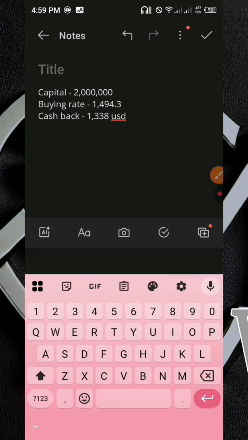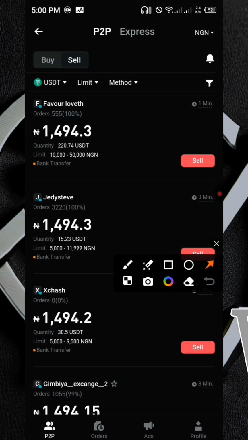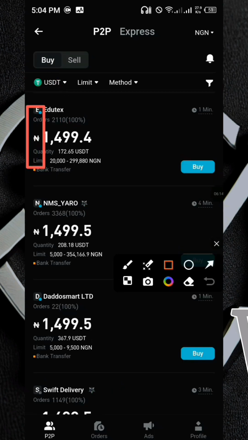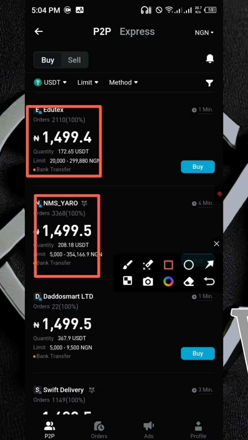I'll be showing you guys where you can sell your USDT at a very profitable rate. So guys, over here at the buy section, I want you guys to be coming back to the buy section. As you can see, as of now, the current rate of USDT at the buy section of the P2P market is 1499.4 and so on.